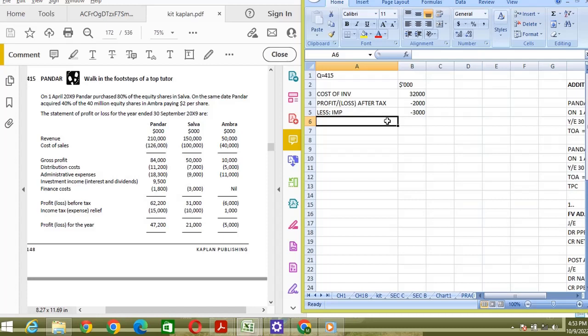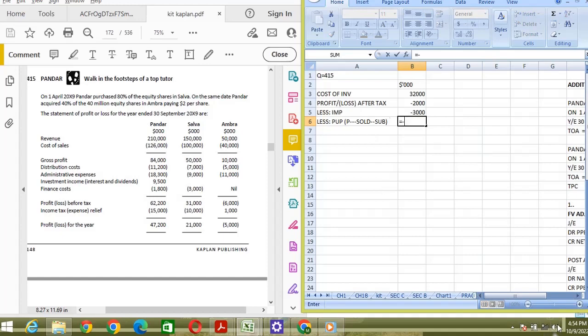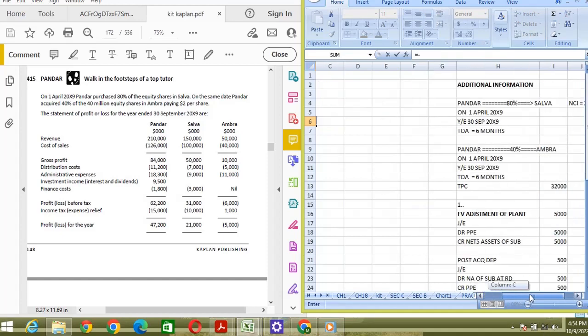Then we will deduct PUP, if the parent sold to the associate. Is there any PUP the parent is holding?